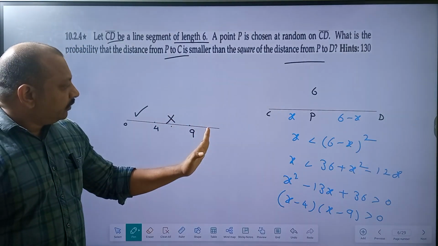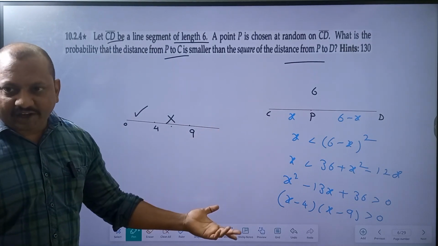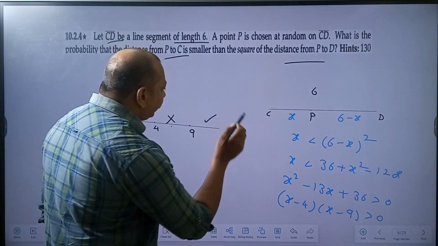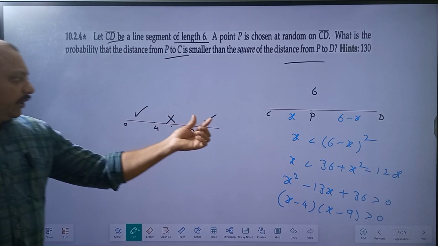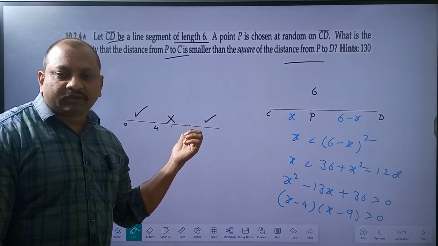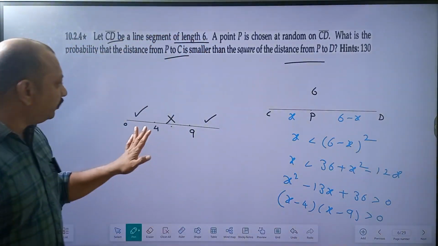Here X minus 4 is positive and X minus 9 is also positive, so positive into positive is greater than 0, so this also can be considered. Our required condition is that the product must be positive, so these are the regions you need to consider.